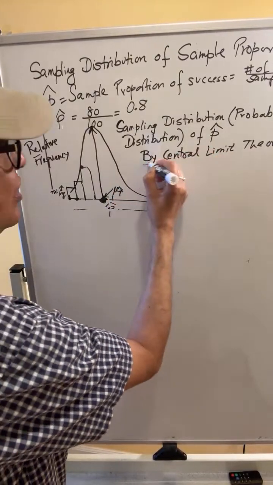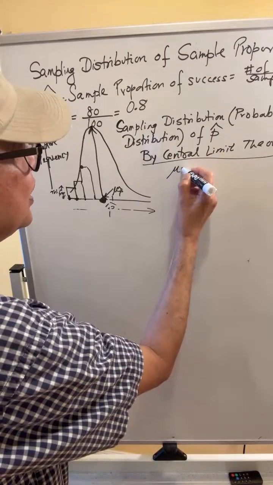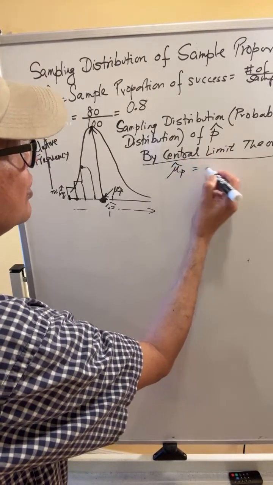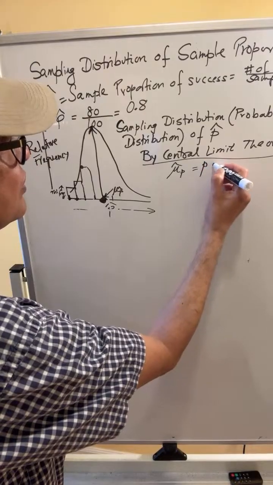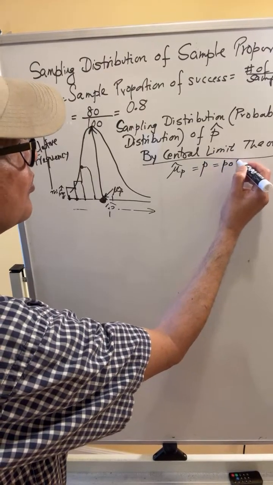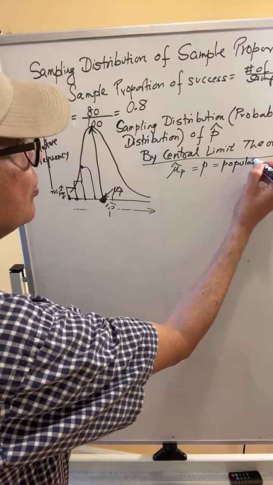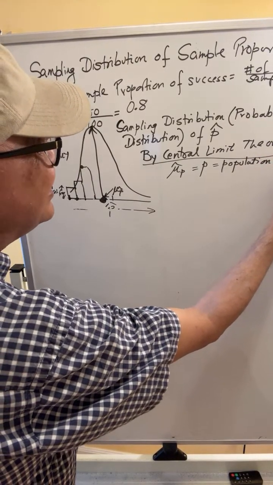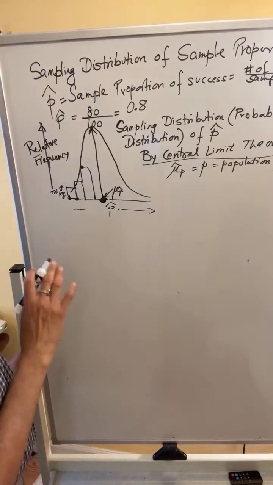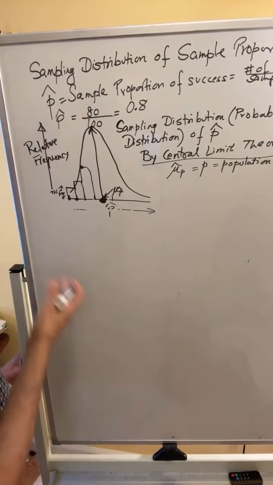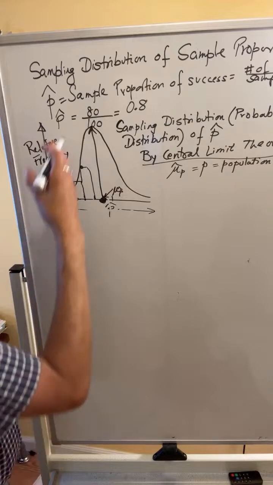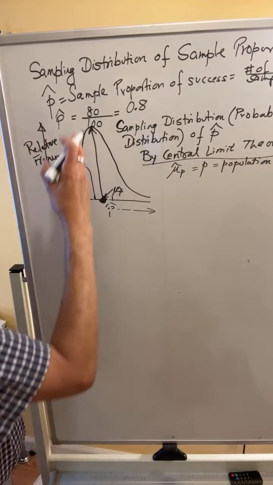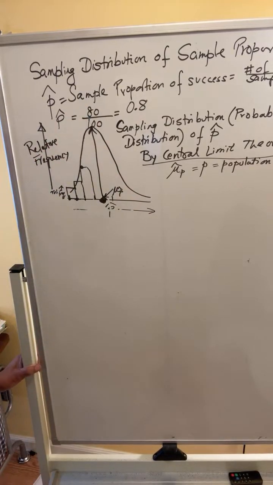Now by central limit theorem, mu p hat is equal to p. What is p? It is the population proportion. So you can now see the advantage of collecting these samples of the same size and finding the sample proportion in each case, and then doing a relative frequency diagram and then joining the top roofs of the vertical rectangles.